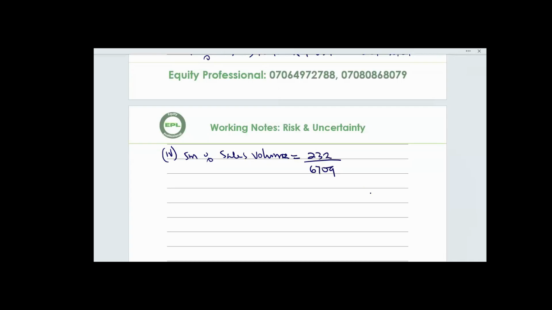Remember, when you are calculating sensitivity margin of sales volume, you have to use the PV of contribution as your denominator. So here, multiplied by 100%.